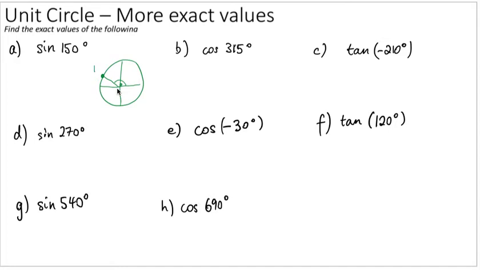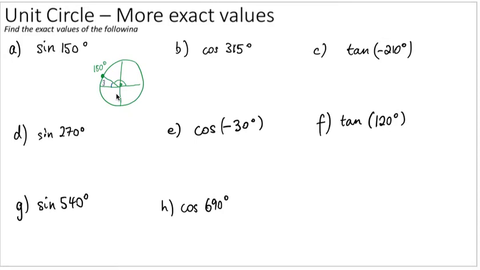The reference angle is whatever angle the ray here makes with the nearest x-axis. The nearest x-axis in this case is 180 degrees, so the difference, this angle, would be 30 degrees. So our reference angle works like this. We draw this across, and we're looking at 30 degrees.